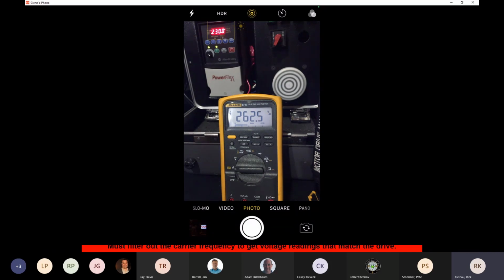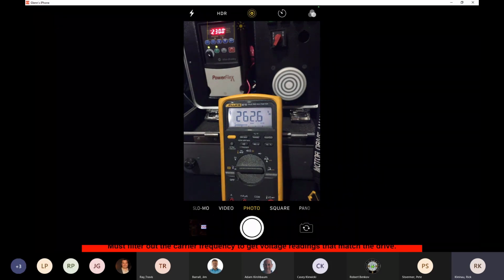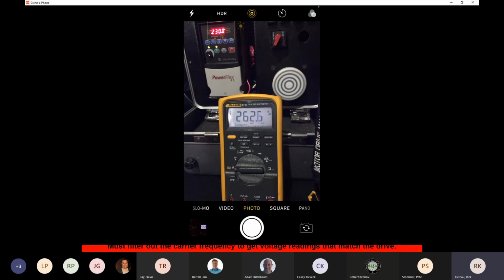That's used by folks who do instrumentation, the electrical guys. So if you've got a dispute, I've got meters reading two different things, you pull out an 87 and ask it. And if you look, the 87's telling me it's 260, almost 263 also. So the Fluke 87 tends to agree with the scope meter.